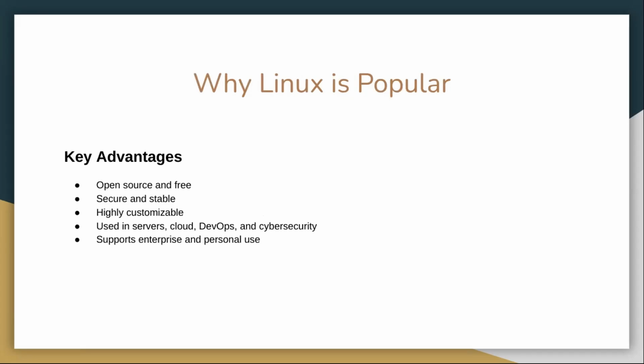Why is Linux popular? What are the advantages that we get from Linux? The primary advantage, the primary thing that makes Linux different from other operating systems, is that it is open source and free.